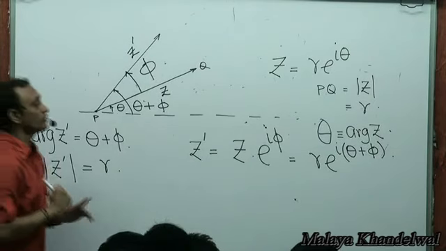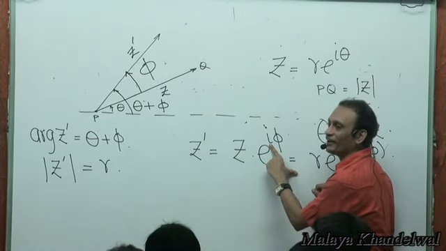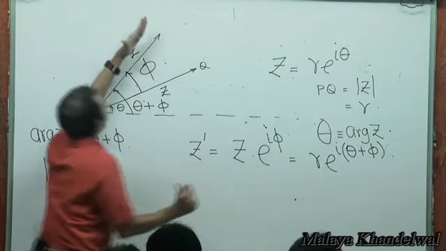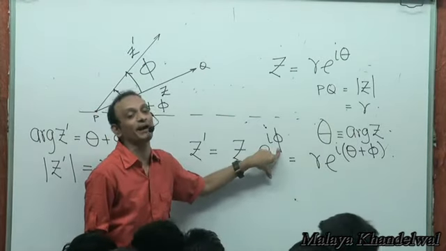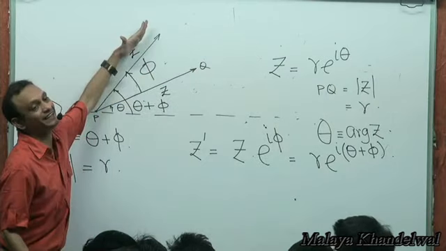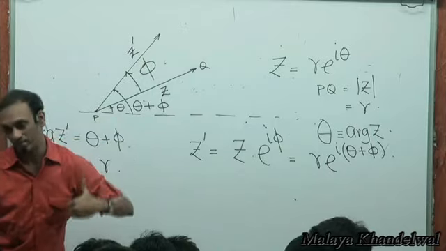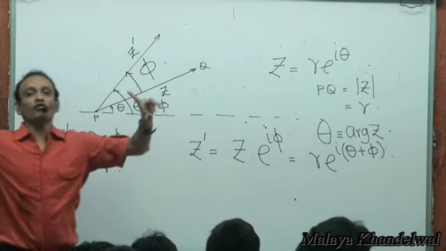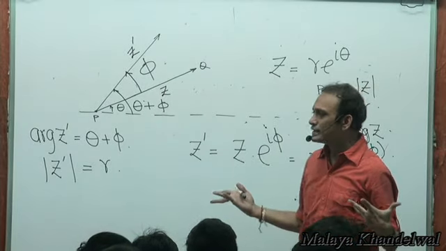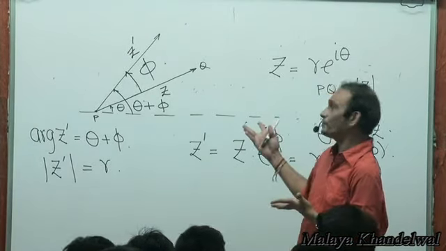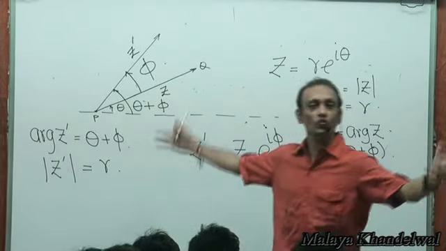That means if I had a vector z and I multiplied it with e power i phi, the vector rotated by an angle phi to get me another vector z prime. Yes or no? Such a powerful tool, you could never have imagined this in vectors, but in complex numbers, substituting for vectors, such a thing is so easy to do.